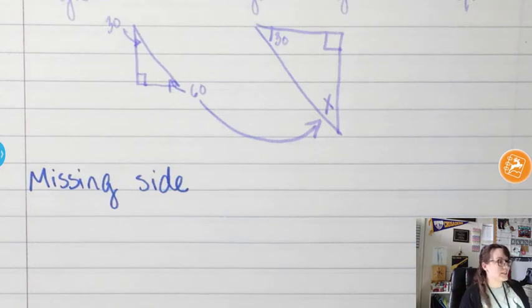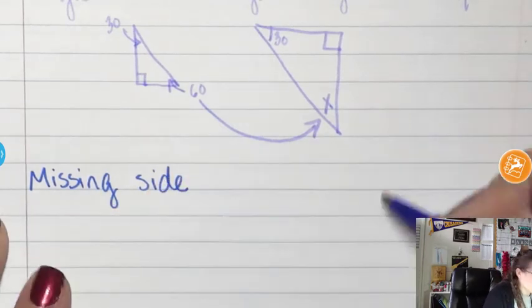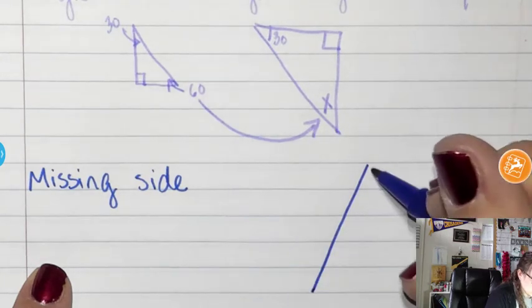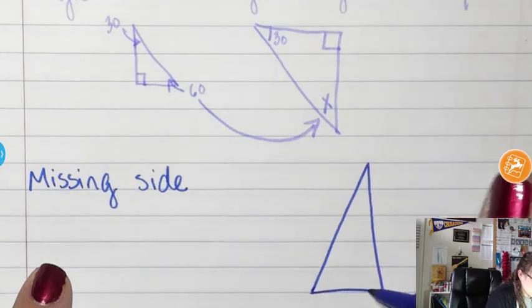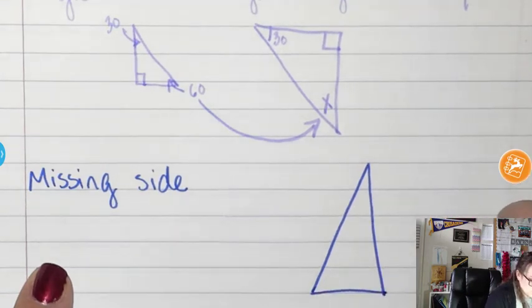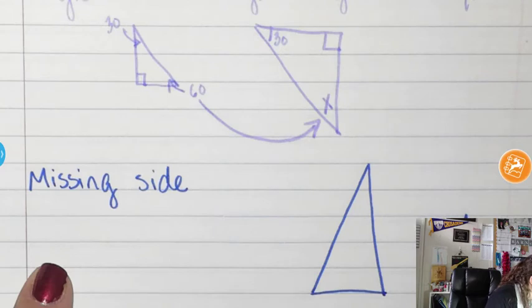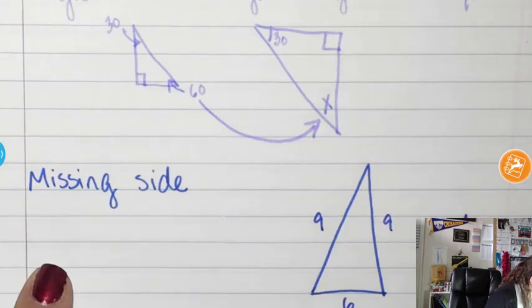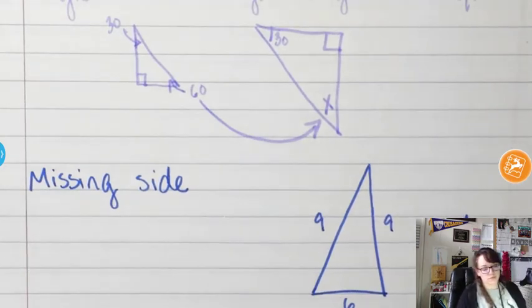We're going to do the exact same steps, except one of those is going to be an X. So if I had a tall, skinny triangle and a shorter, skinny triangle, and the sides are 9, 9, 6 on the big one and 3, 3, X on the small one, to find the missing side, and again, purposefully using easy numbers.